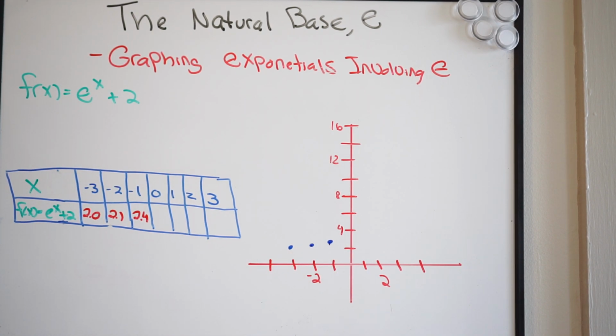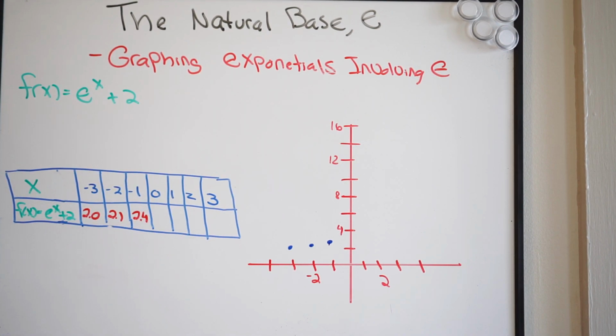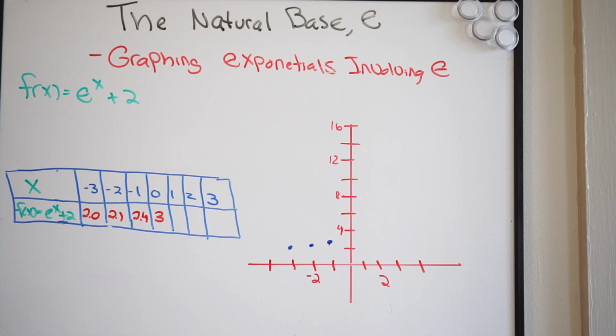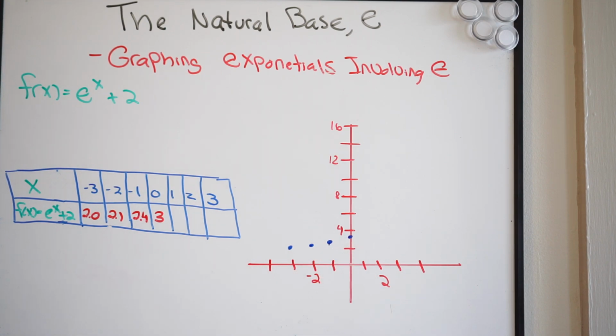Next one, when we plug in a 0 here, we get 3. Let's do this with a different color. So 0, and then we go up 3, right about here. When we plug in a 1, we get 4.7.